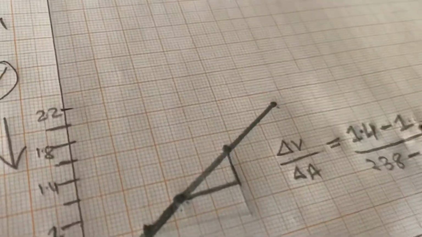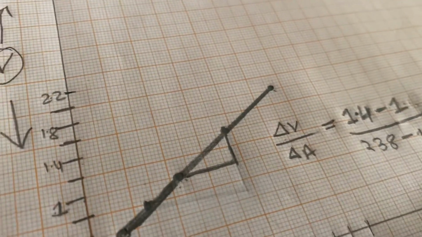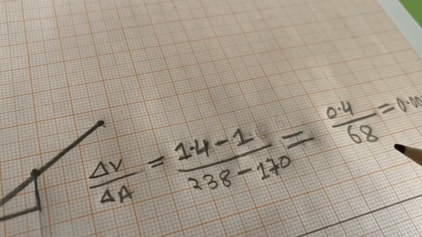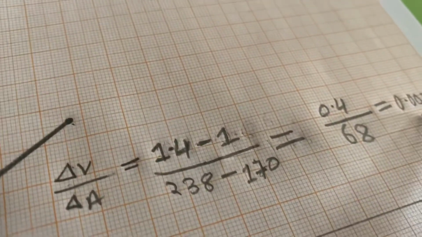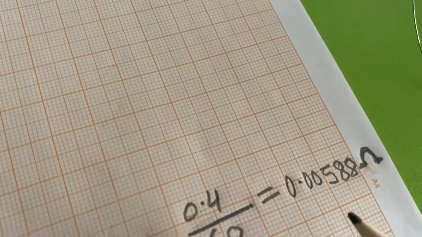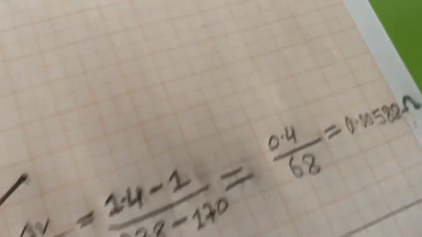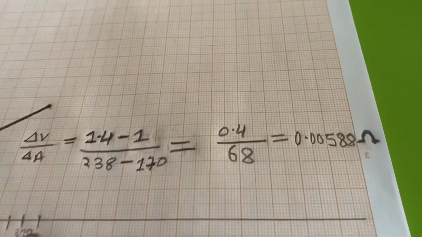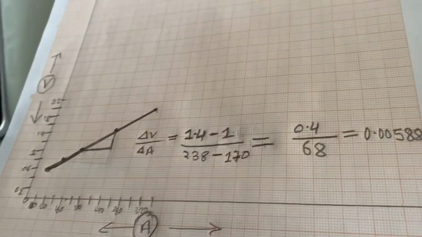Then I got 0.4 volt by 68, and the resistance I got is 0.00588 ohms. So this is the resistance I have taken from the graph.